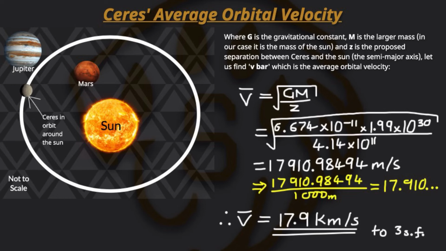Meters per second will be a very small unit, yet we have a very large figure, so we need to change that to kilometers per second. Since kilo means 1000, we divide that by 1000, and we get 17.910 and so on. We'll not look at all those other decimals. So basically, our v bar, which is the average orbital velocity, will be equal to 17.9 kilometers per second, correct to 3 significant figures.